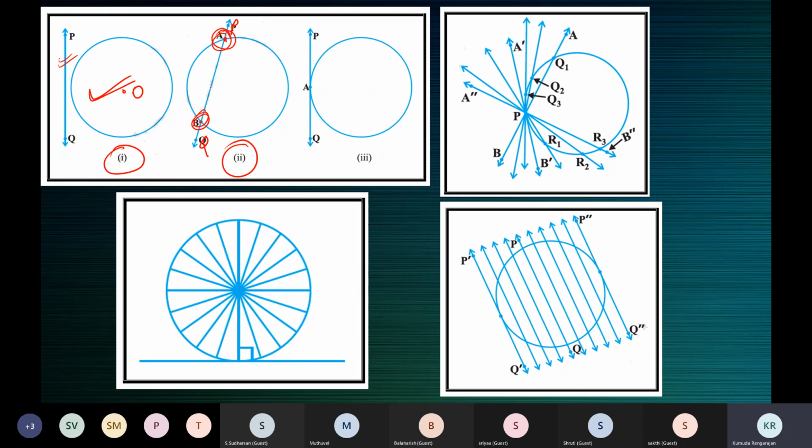This line is called the secant to the circle. A secant is a line that intersects the circle at 2 distinct points.